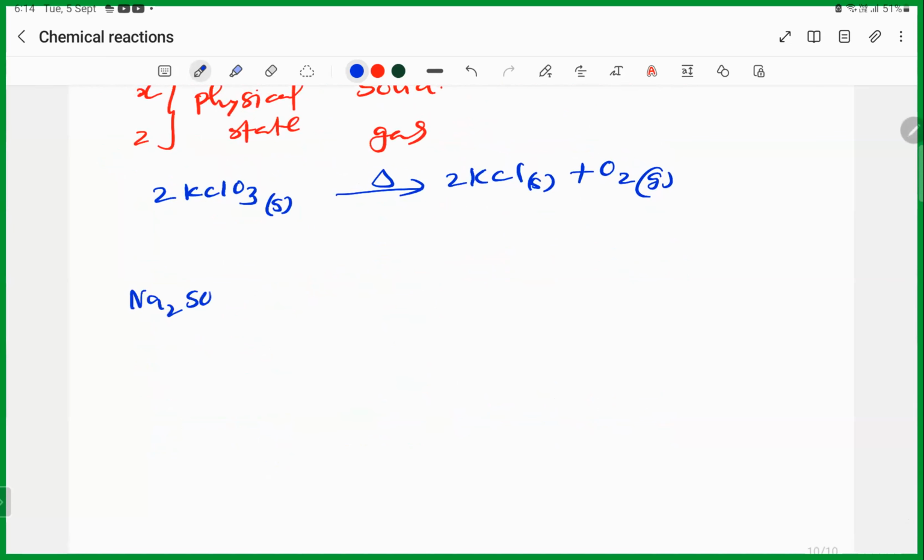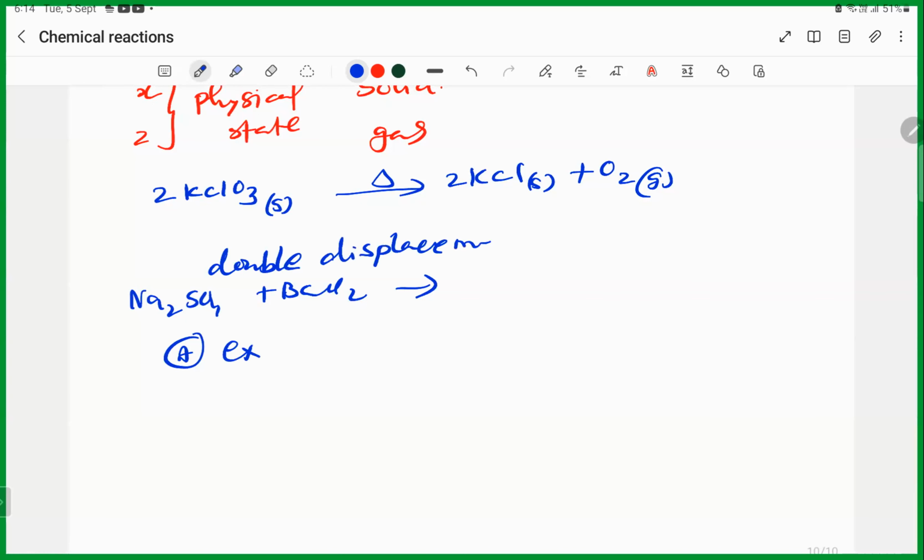A: exchange of atoms takes place. இது என்ன reaction? Double displacement.